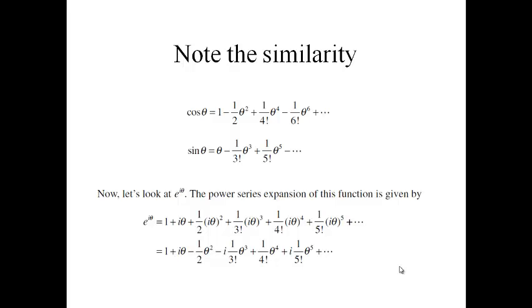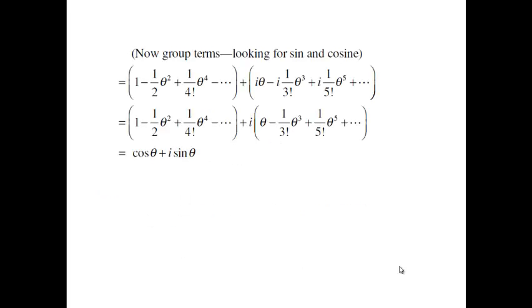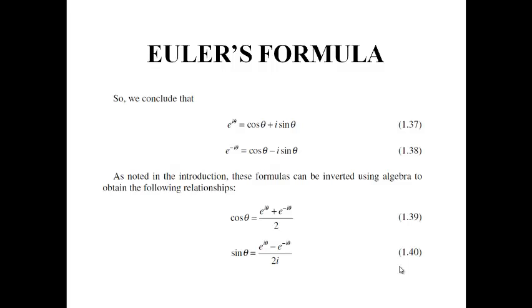We have this form for e power i theta; just expand it, the square, the cube, and collect the real part and the imaginary part. It is nothing but cos theta plus i sin theta. So e power i theta is nothing but cos theta plus i sin theta. This is Euler's formula.